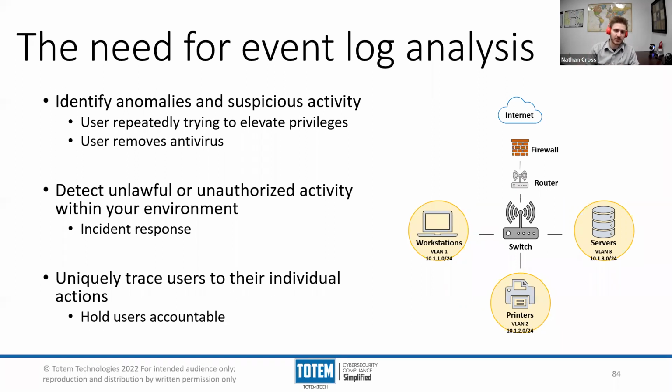Because say an adversary successfully compromises a workstation there on VLAN 1. If they were to attempt to move from the workstation VLAN to the server's VLAN, VLAN standing for virtual local area network, it's essentially just a logically isolated segment on your network.